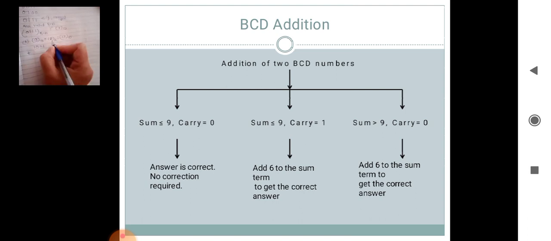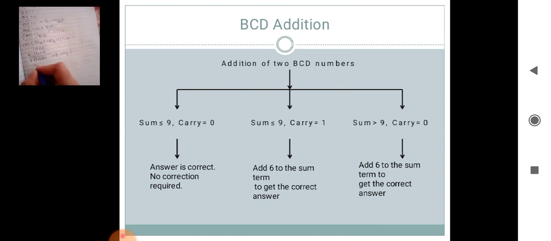Then plus, we have to take this 8 in 4-bit binary. Do the addition. 1 plus 0 is 1, 0 plus 0 is 0, 0 plus 0 is 0, 1 plus 1, sum 0, carry 1. So sum 0, carry 1. That means second case: the answer is less than 9 and carry is equal to 1. See on the slide, sum is less than 9, carry is equal to 1.